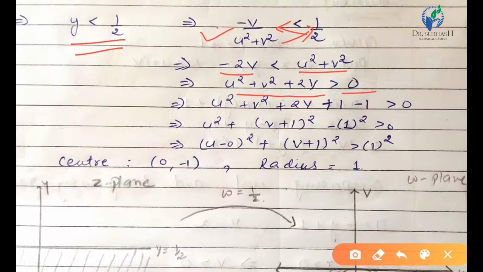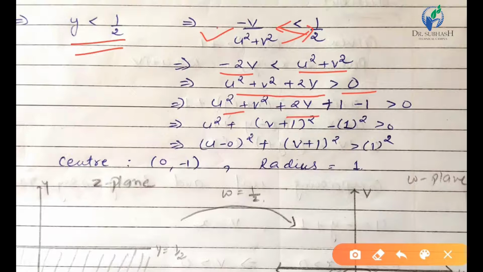In a similar way, here we will add or subtract something to obtain the perfect square. As above, we added 4 and subtracted 4, because there was the expression v square plus 4v. So here we again have such an equation, u square plus v square plus 2v.